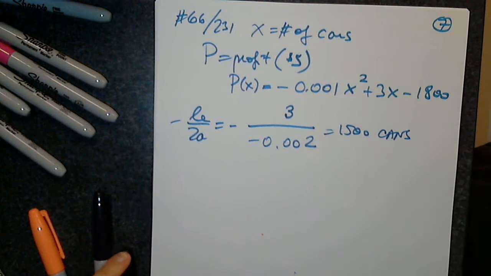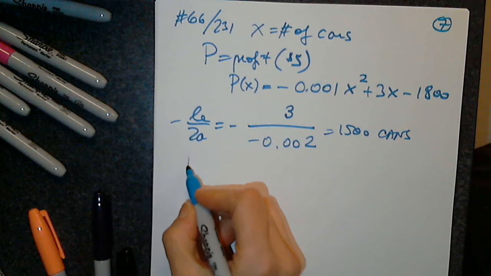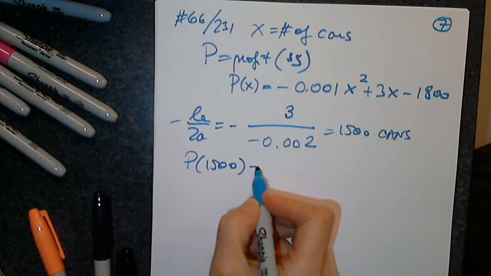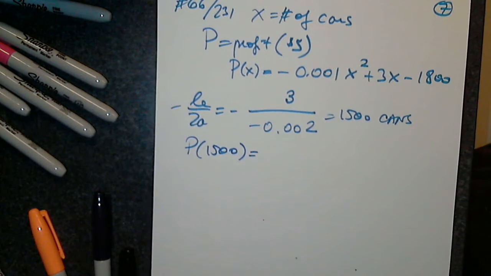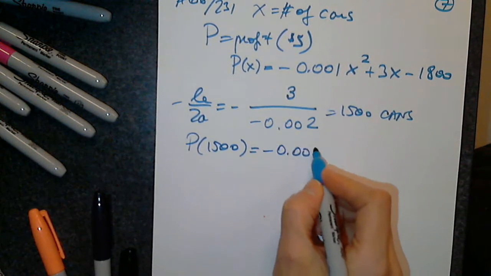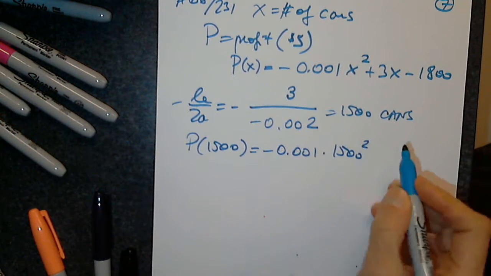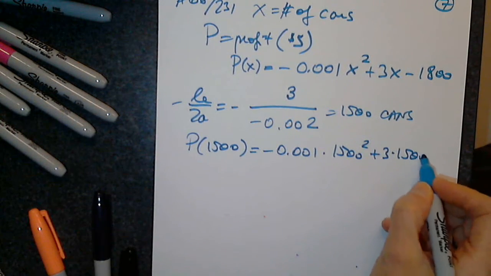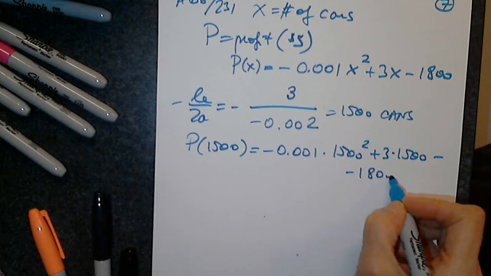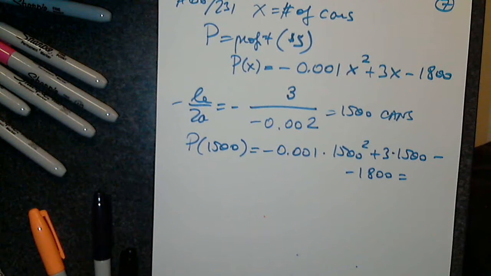Very good. So I know that this vendor has to sell 1,500 cans per day in order to make his maximum profit. But now the question is, what is the maximum profit? Right. So then you have to have 1,500. Exactly. It doesn't matter. It's the same thing. And that will have the measurement unit what?